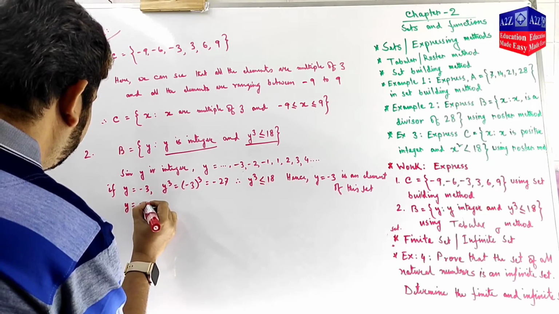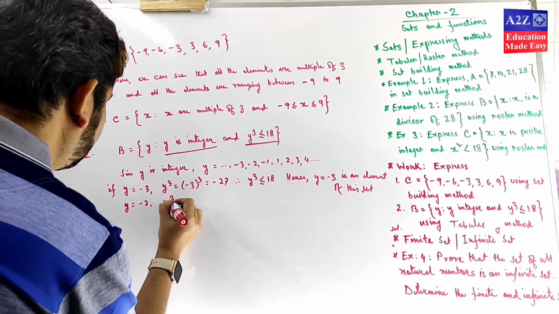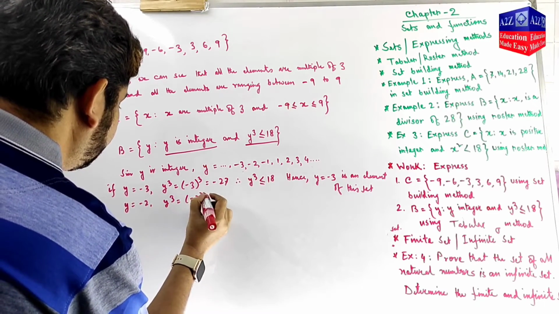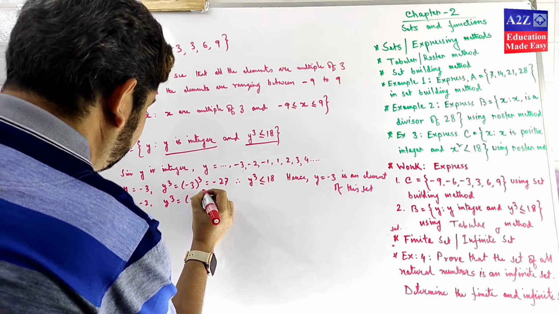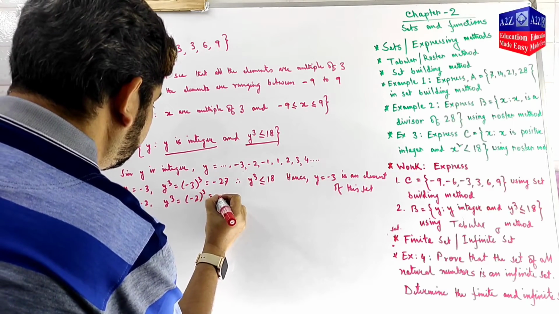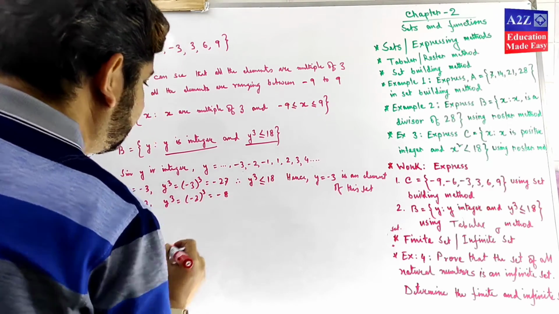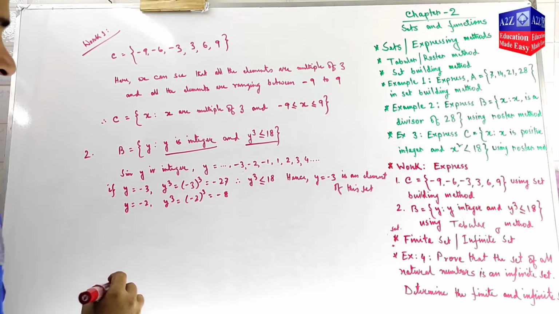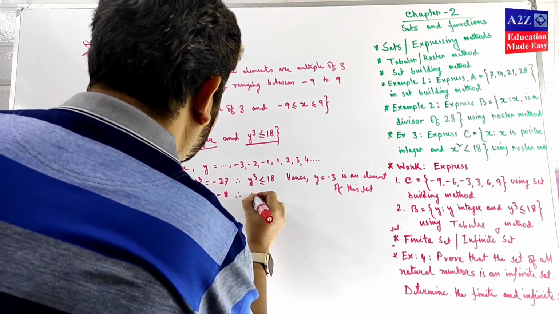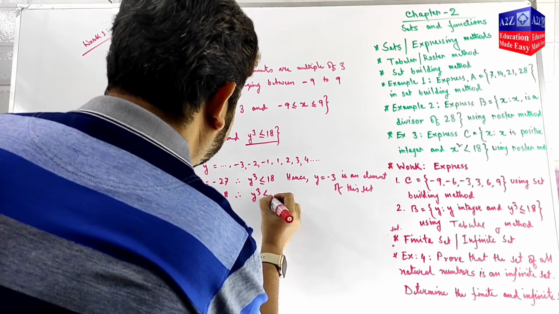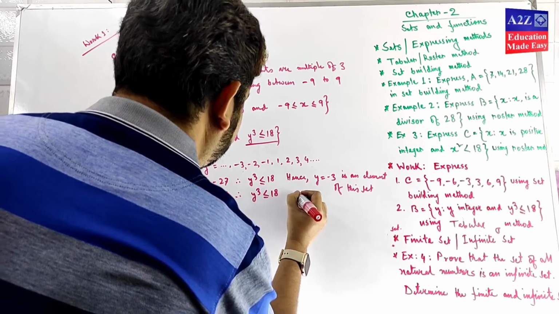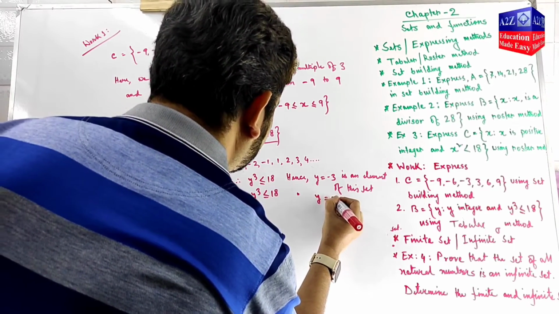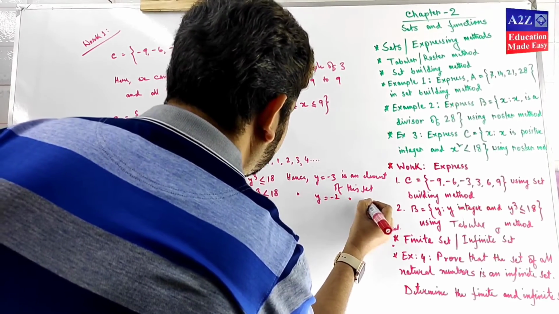If Y equals -2, then Y cube equals -2 cube, which equals -8. -8 is less than 18. So Y cube is less than 18. Hence Y equals -2 is an element of this set.